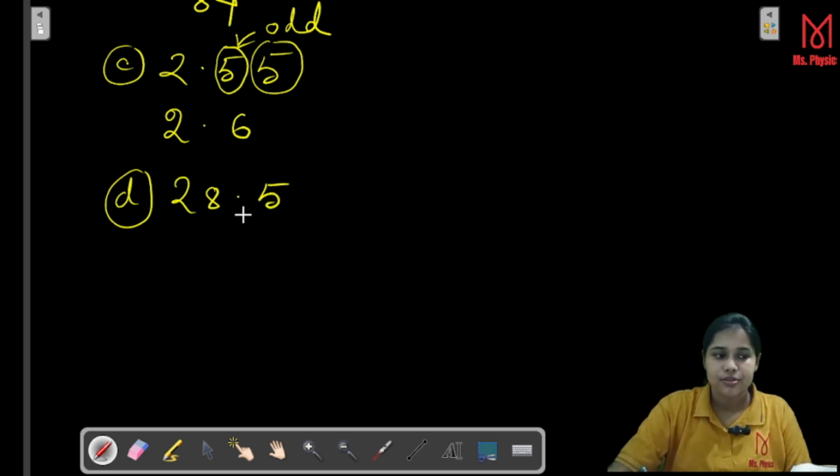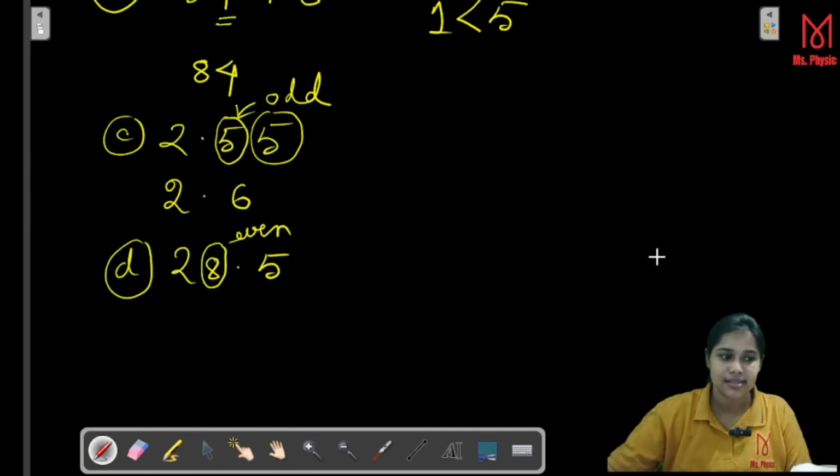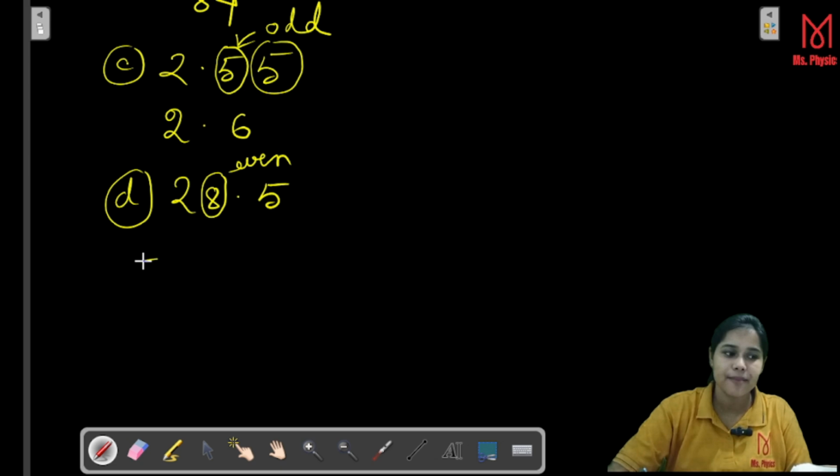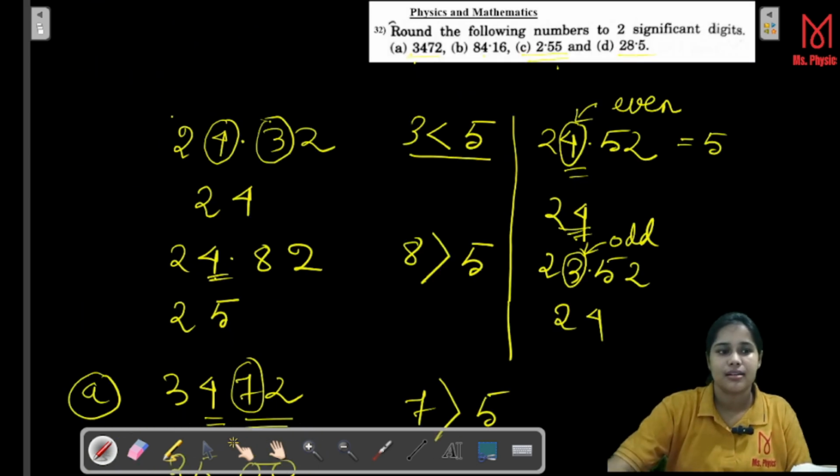So here you see that the second digit is even, and after it is 5, not greater than, not less than. So you have to check whether the second digit is even or odd. Since it is an even number, as I told you, when it is even it will remain unchanged. So that's why the answer would be 28 only. See, 8 remains unchanged. So thus you have to round off the numbers.